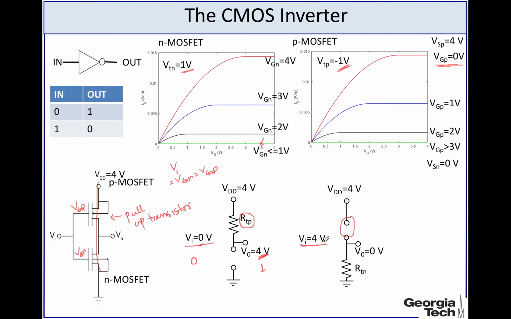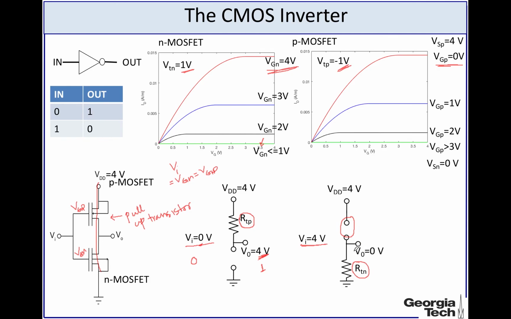On the other hand, for the N MOSFET, when the input voltage is 4 volts, its gate voltage VGN is equal to 4 volts, which basically means that it is in the on state. You can represent it with a resistance RTN, the resistance of the N-type transistor, and think about this current path as a combination of two resistors, where the resistor corresponding to the P MOSFET is an open circuit.